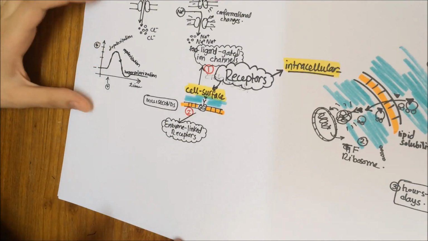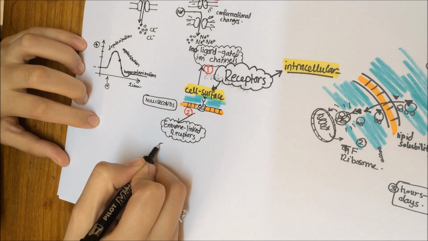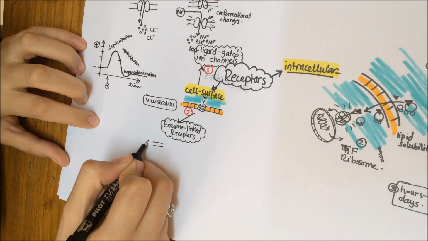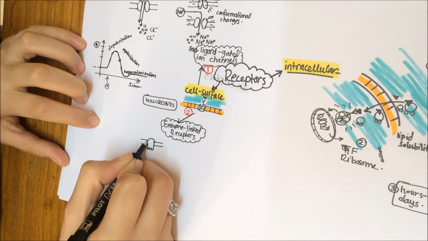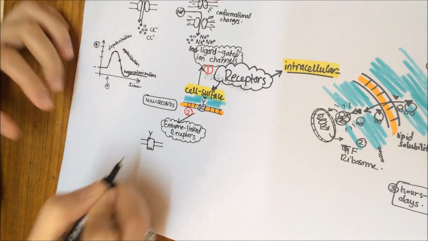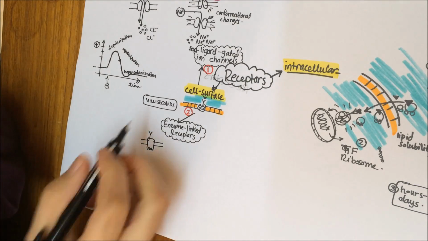Now the enzyme-linked receptor, the receptor on the cell surface here, is a protein molecule in a certain conformational structure.